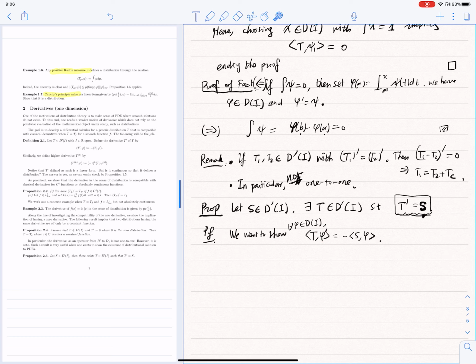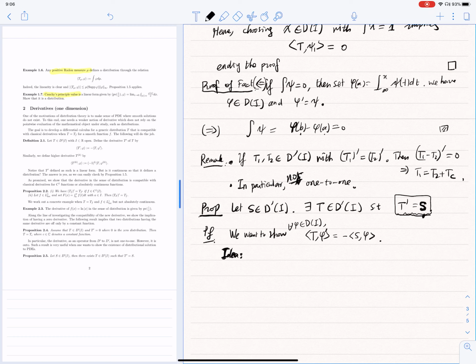Now how to do that? The idea is to make use of this S, which is the given value, either a function or a generic distribution.